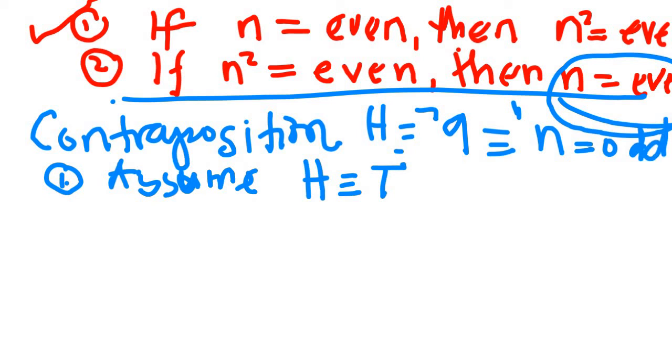So if n is an odd number, then it is equal to twice k plus 1, where k is an integer.